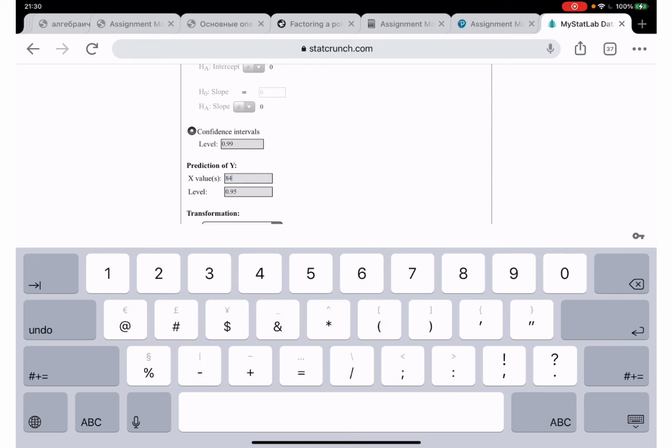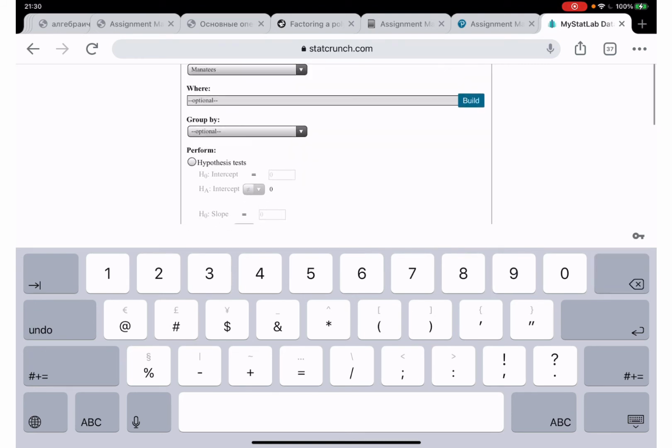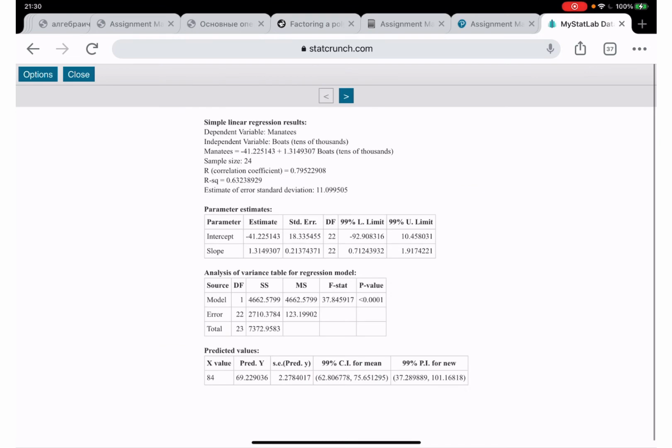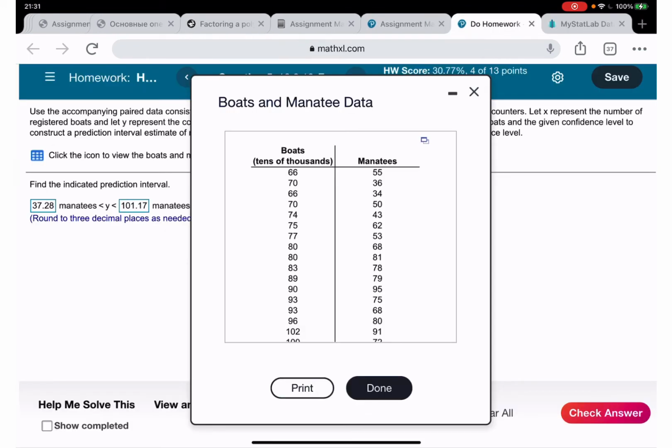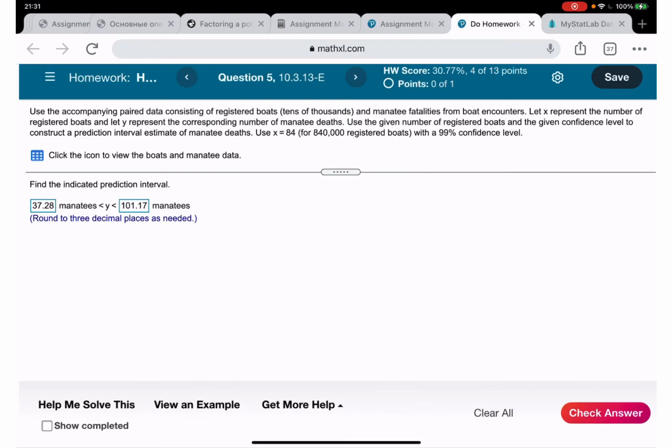We're just plugging into the equation. This is also 99, and we go to compute. So the lower bound is 37.290, and the upper bound, rounded, is 101.168.